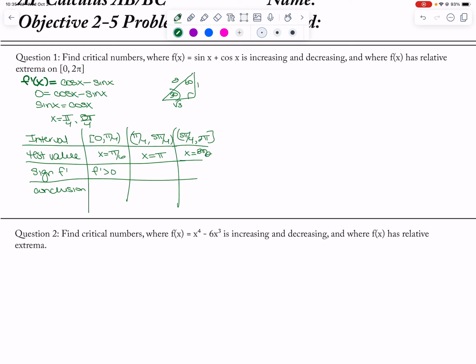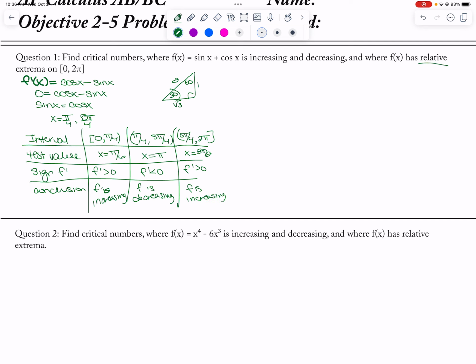Then f prime of pi: cosine of pi is negative 1, and then 0, so this is less than 0. And then 3 pi over 2: cosine of 3 pi over 2 is 0, and the sine of 3 pi over 2 is negative 1, but that's subtracted, so that's bigger than 0. So f is increasing, f is decreasing, and then f is increasing.